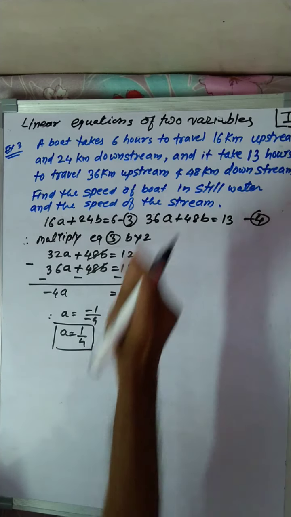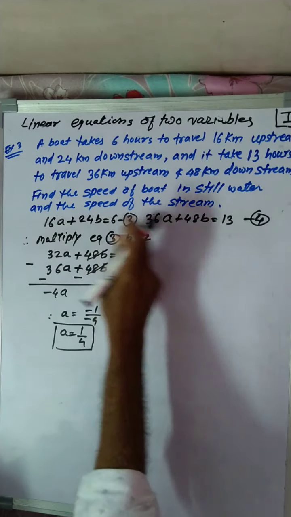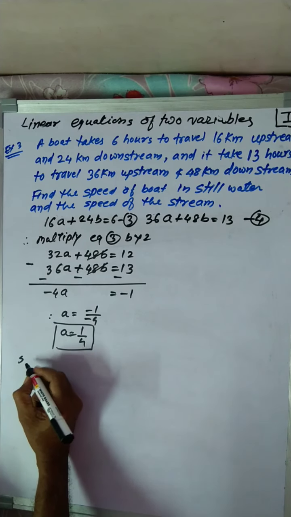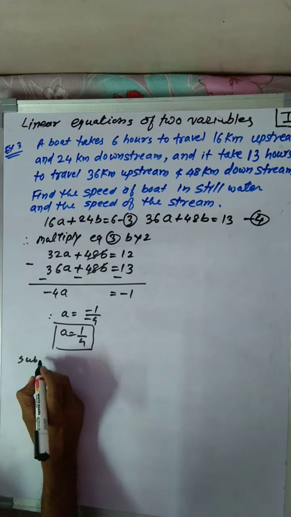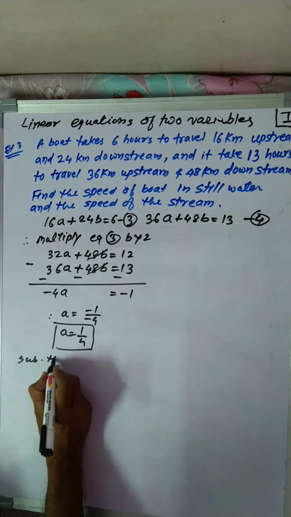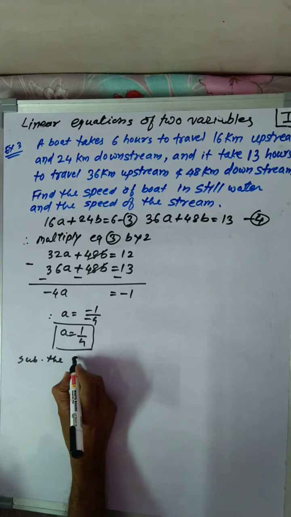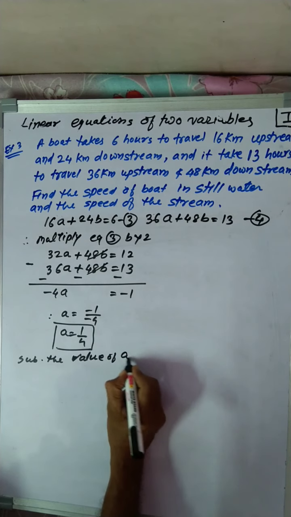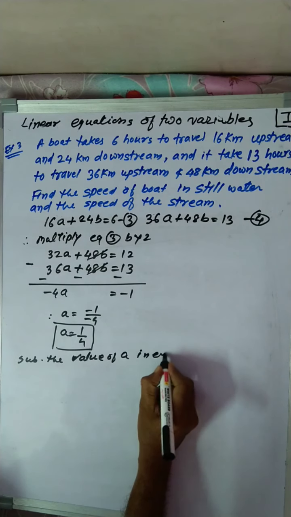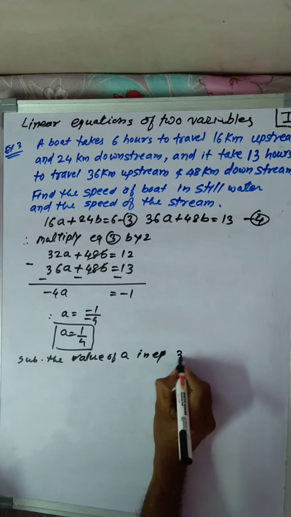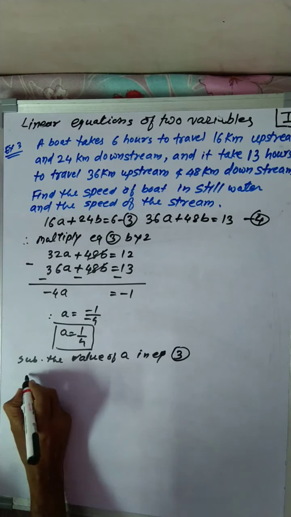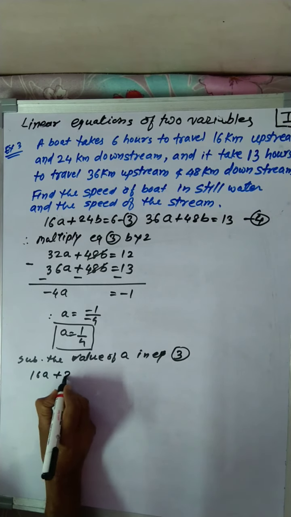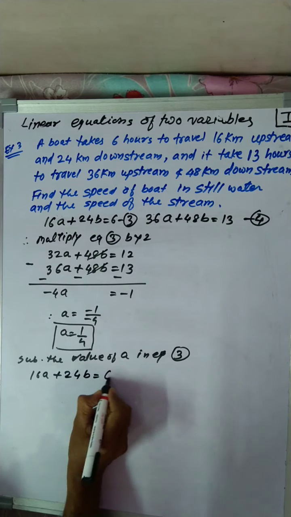Substitute this value in any equation, 1, 3 or 4. Substituting the value of a in equation 3, we get 16a plus 24b is equal to 6.